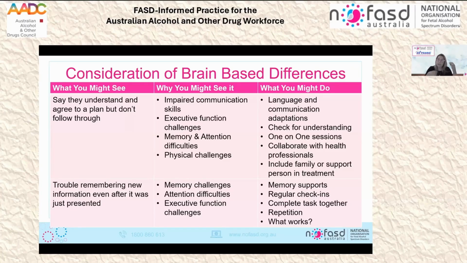The strengths and challenges may not match their chronological age, and what looks like "won't do" is actually often "can't do without support." When we understand why these behaviours occur, we can respond in effective ways and improve engagement and treatment outcomes.